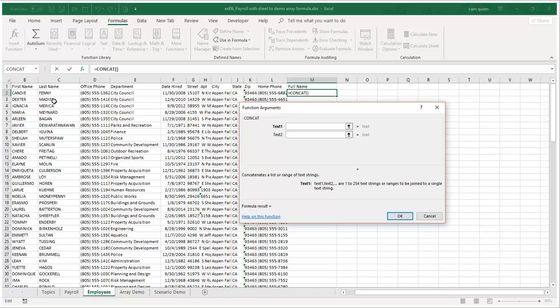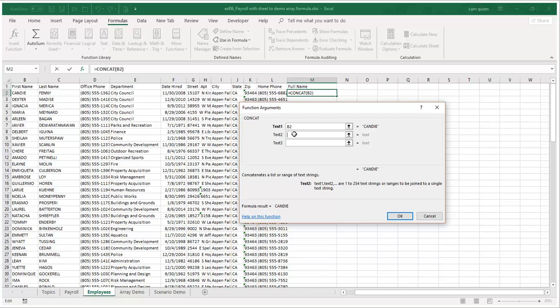So the first one we're going to join in is their first name. Now understand that concatenate is very literal in how it works. If I was to put the last name in here, I would have Candy Fenny with no space. So what I need in the second text string is the space.